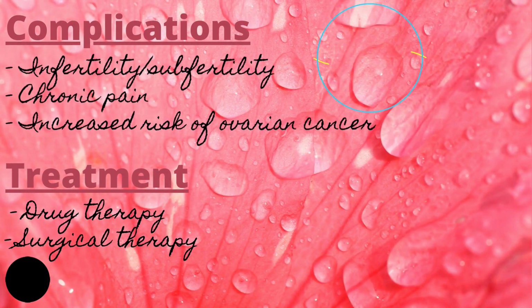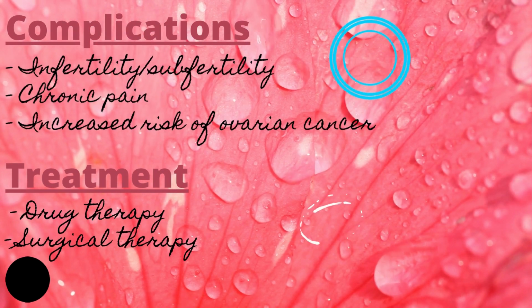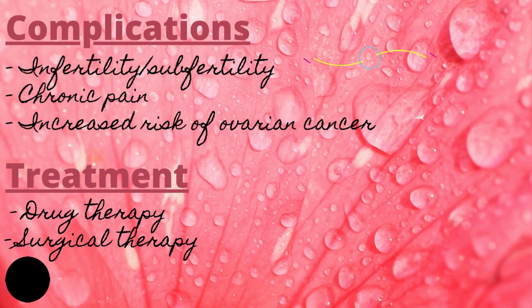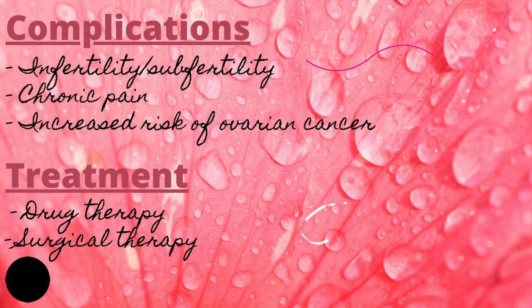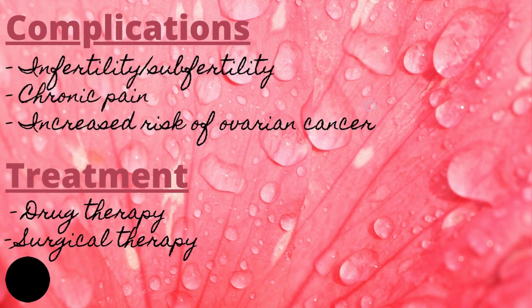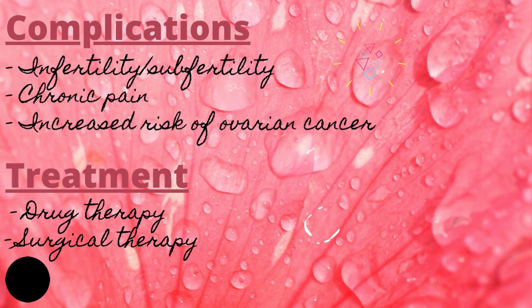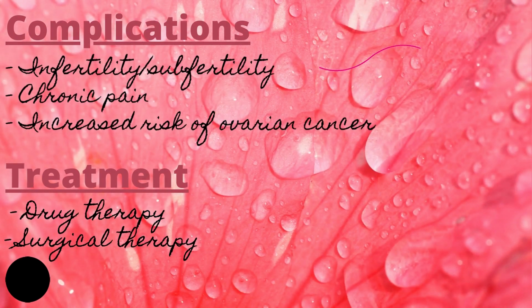Under drug therapy, pain can be managed by using NSAIDs, and other drugs that can be given are oral contraceptive pills for ovarian suppression, gonadotropin releasing hormone antagonists to decrease the estrogen level, and progesterone analogs to inhibit further growth of the endometrium. So these were the drug therapies that can be given.